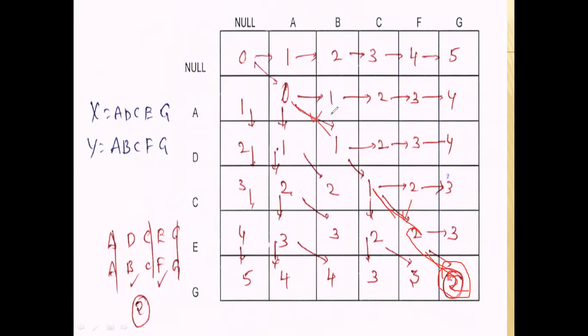The total is 2 replacement operations: the second character and the fourth character are replaced. X converted into Y means D replaced with B, E replaced with F. The total number of replacement operations is 2.